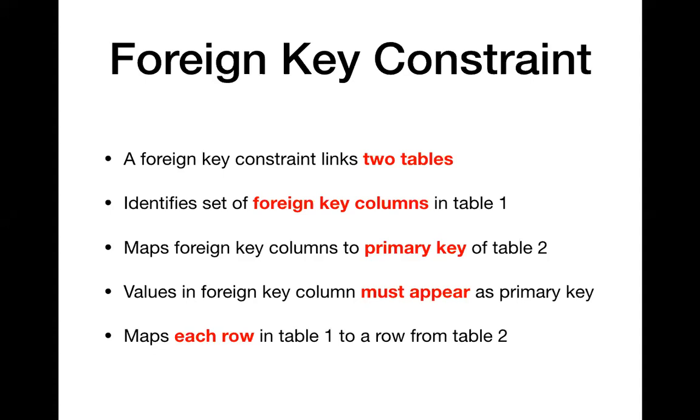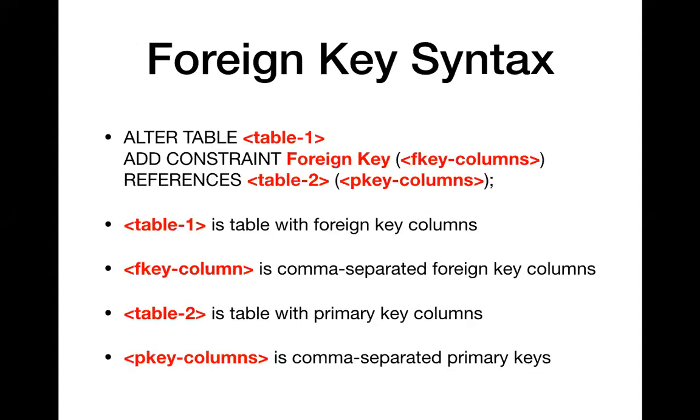All right, let's make it more concrete. So here you see the syntax for the command by which I add foreign key constraints. We are altering a table again, and we add a constraint of type foreign key, where we specify the foreign key columns between those parentheses.